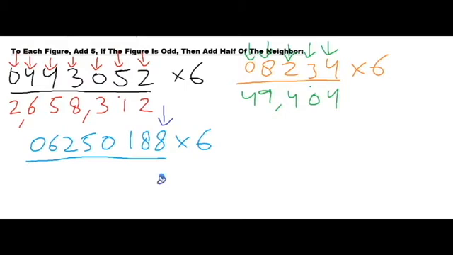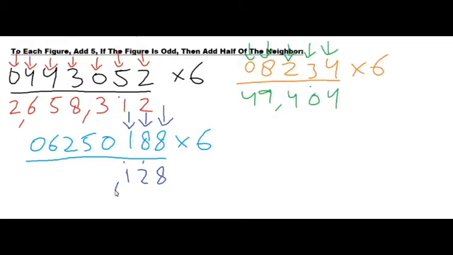Now this 8 has no neighbor, so as it is. This 8 plus half of neighbor is 4, so 8 plus 4 is 12, so dot 2, and this is 1 and it's odd, so add 5, it will become 6, plus half of 8 is 4, it will become 10, plus this dot will make it 11. So we'll put dot 1 here.